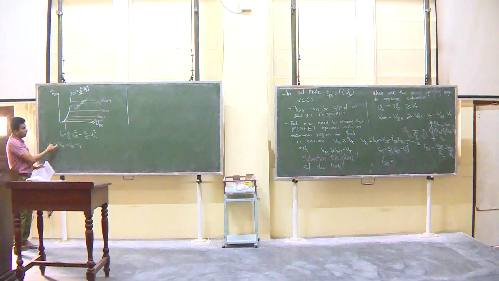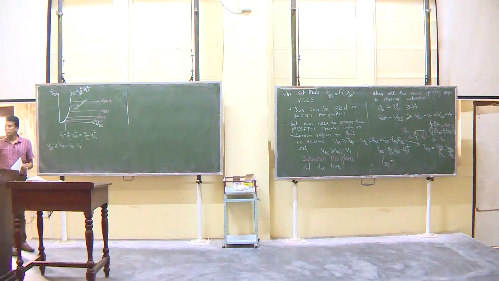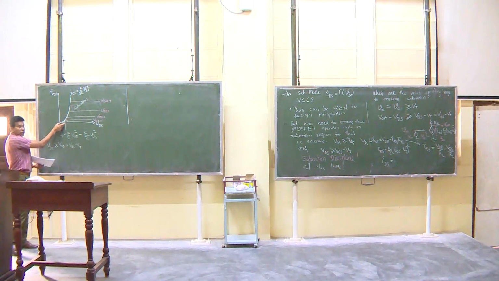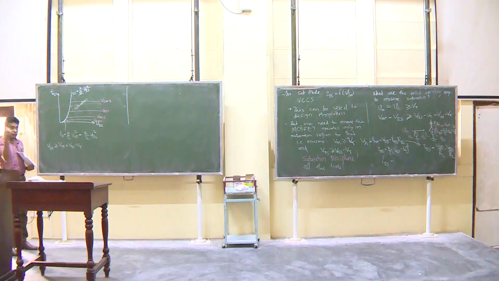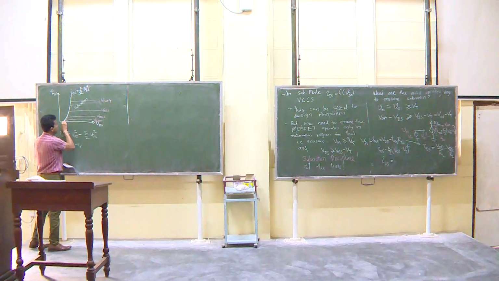So that's why, on this curve, it starts to saturate. There is no VT on this line, okay, unlike in the previous case. So we know this is your cutoff. This is your cutoff.